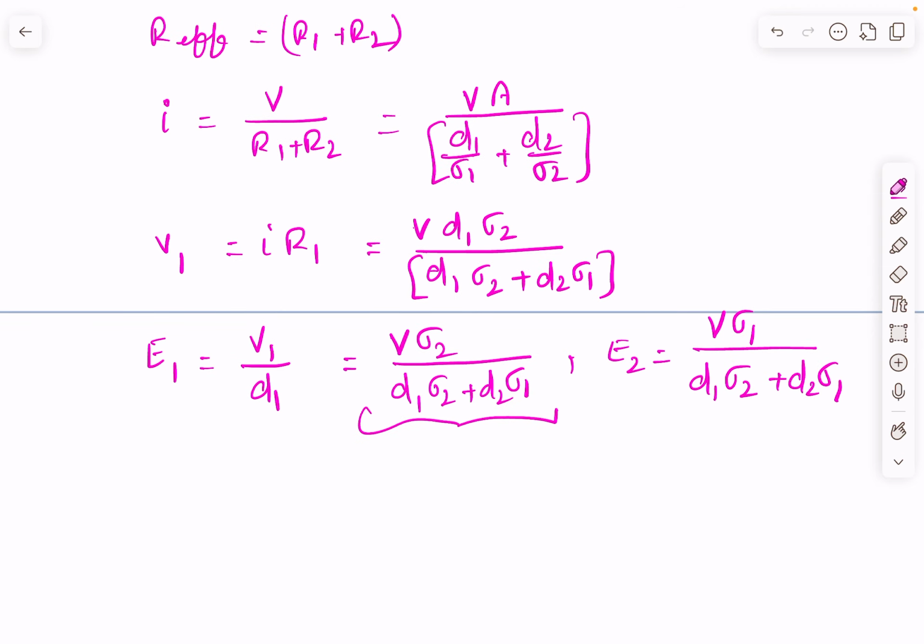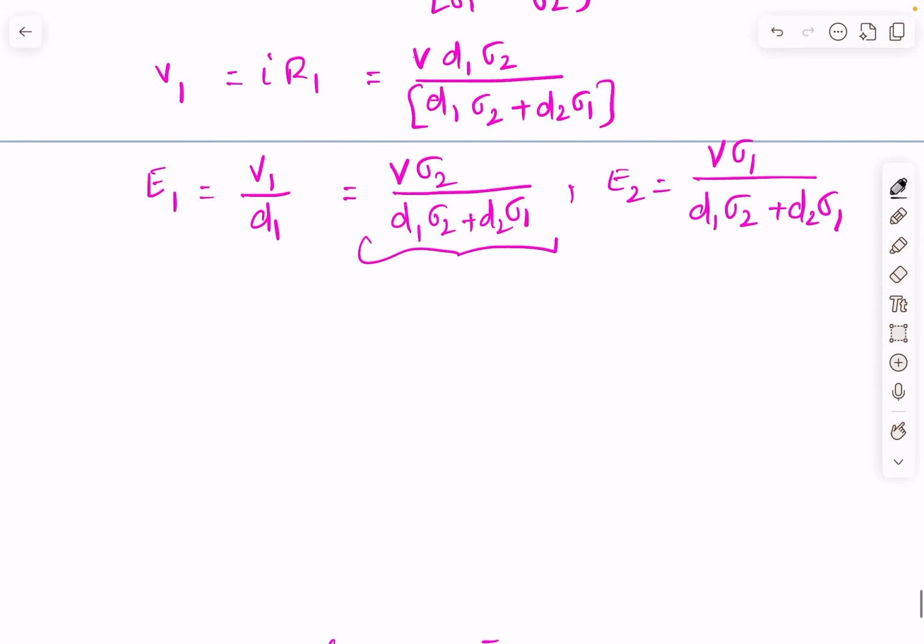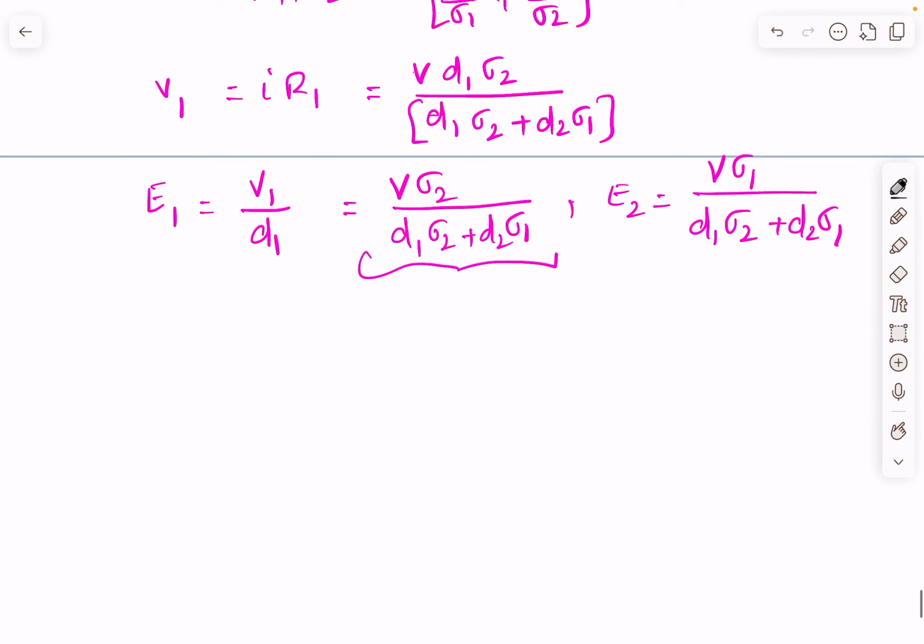For the second part, we need to calculate the surface charge density near the boundary. So we will draw the circuit once more and apply Gauss law near the boundary of the two dielectrics.